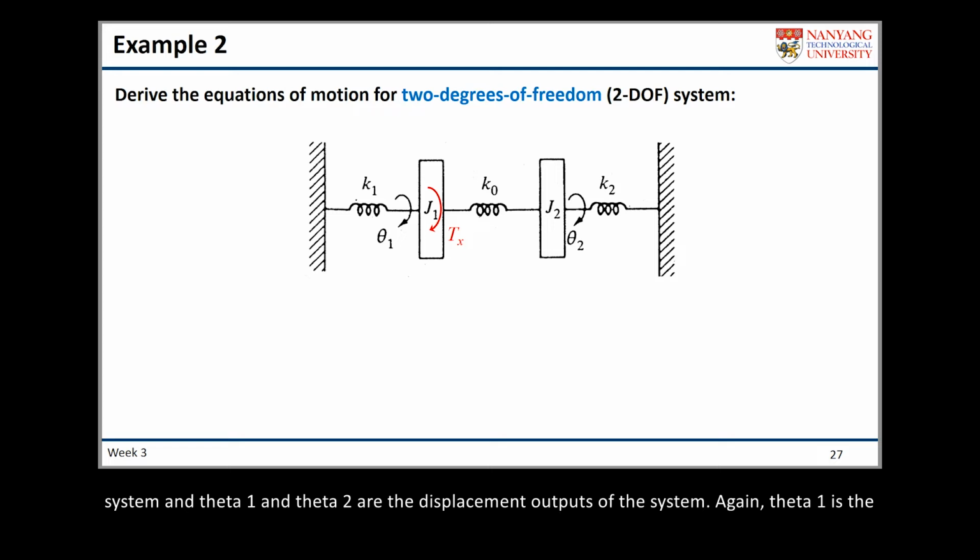Again, θ1 is the rotation of J1 and θ2 is the rotation of J2. Now we are going to derive the model that correlates θ1 to the input tau x and also θ2 to the input tau x.